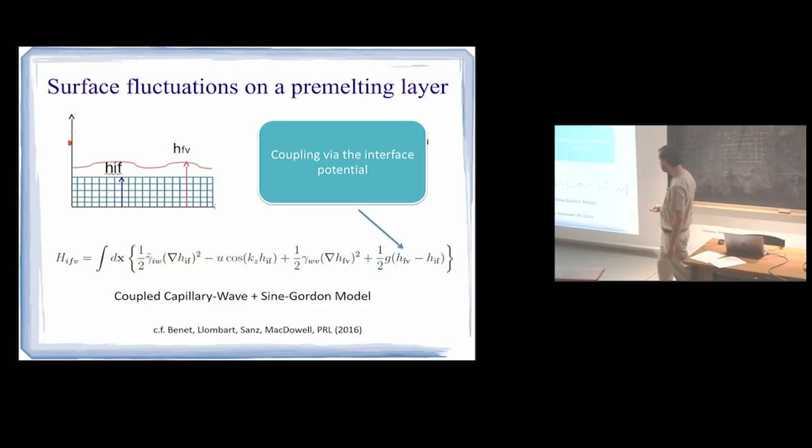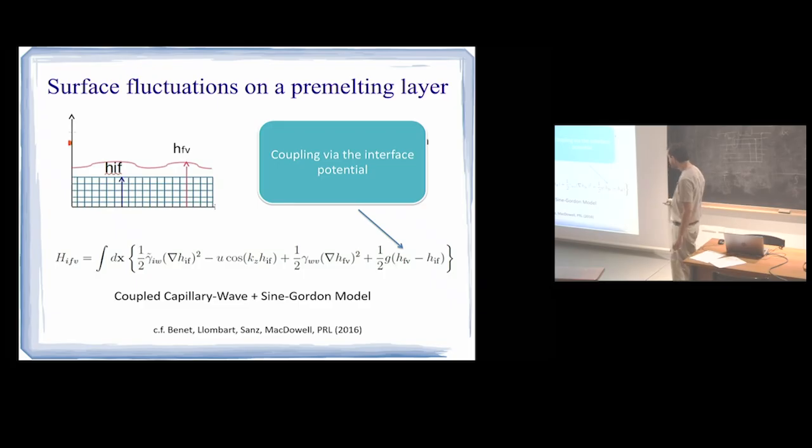This is the sine-Gordon Hamiltonian. It will dictate how this surface fluctuates. And then I have the capillary Hamiltonian, which is going to describe how this surface fluctuates. So I have two surfaces. The ice surface is complex. I cannot describe it with one dividing surface. I need two. Okay? So this describes how this h fluctuates. This describes how this h fluctuates.